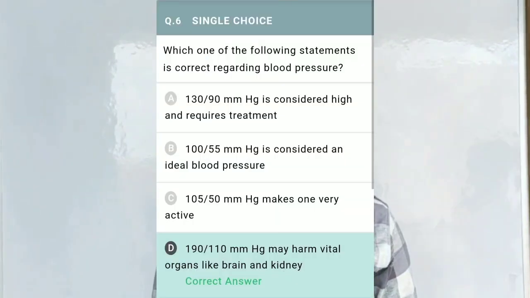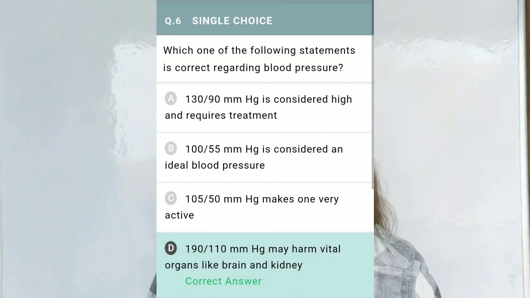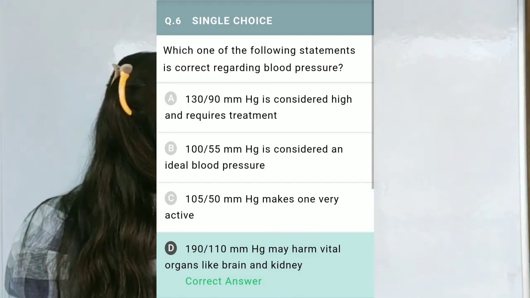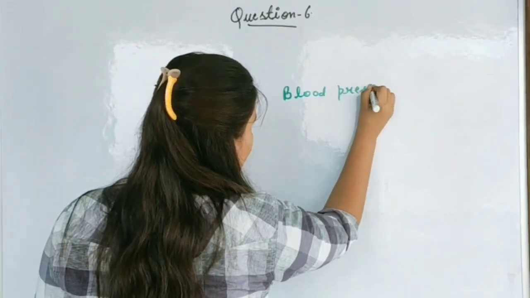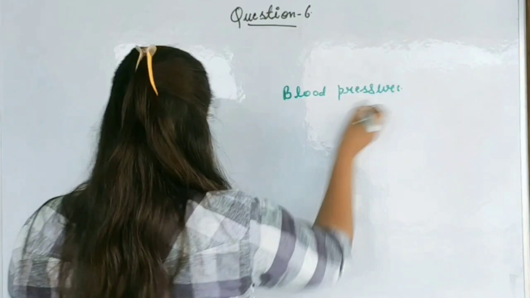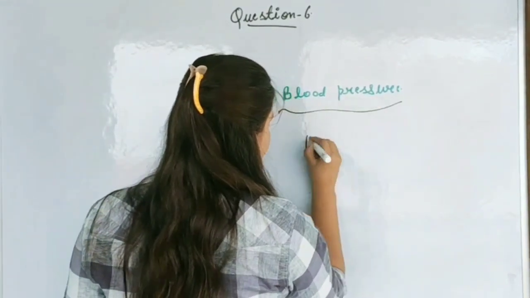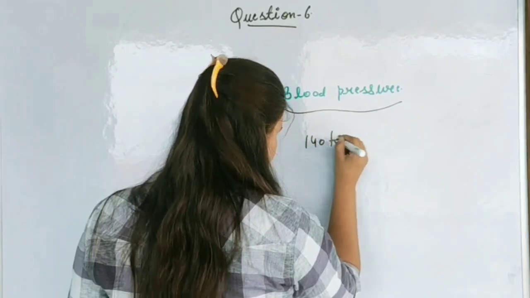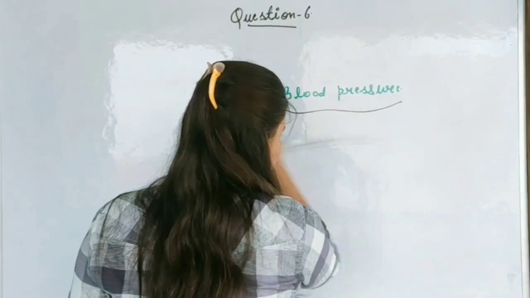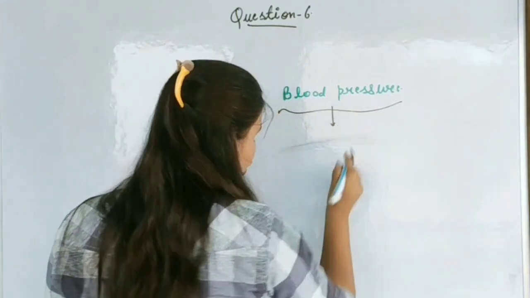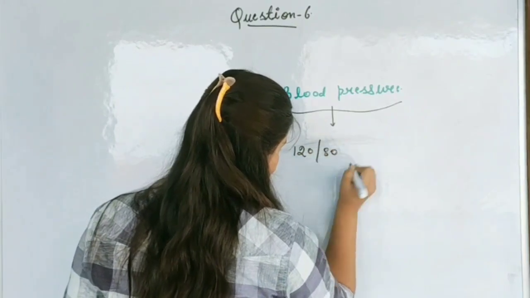So students, now question number 6. Which of the following statements is correct regarding blood pressure? Now, if we talk about the normal blood pressure in human, it is 120 and 80.